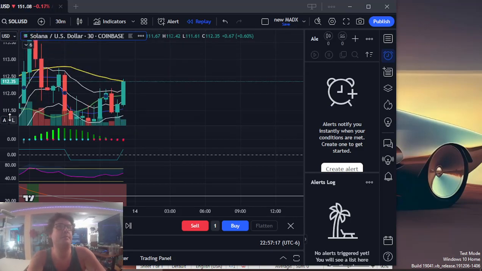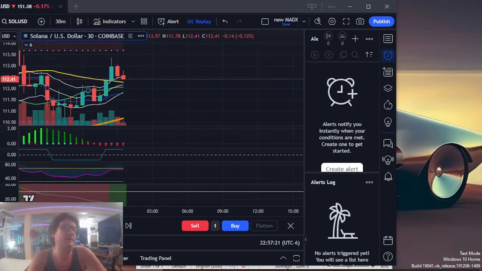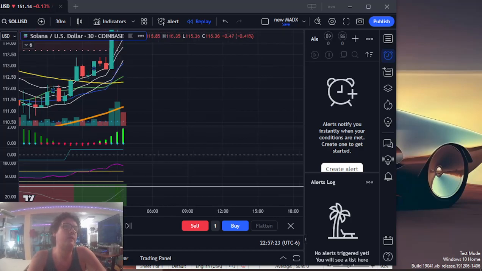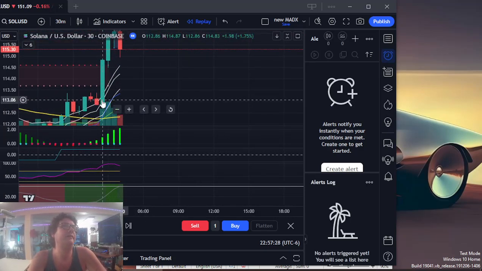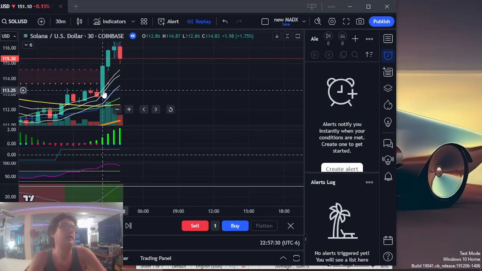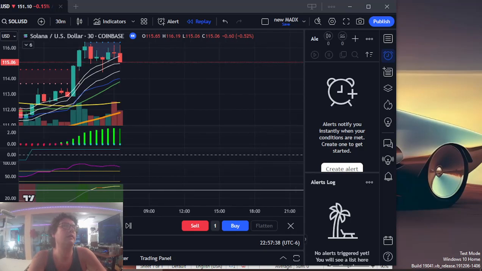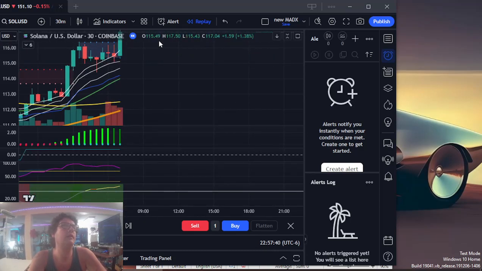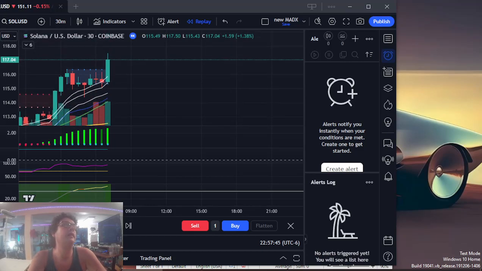No, I'd say that's below. Let's wait for ADX to get above 25 anyway. Man. It's a heck of a candle right there. Up, up. Nope.